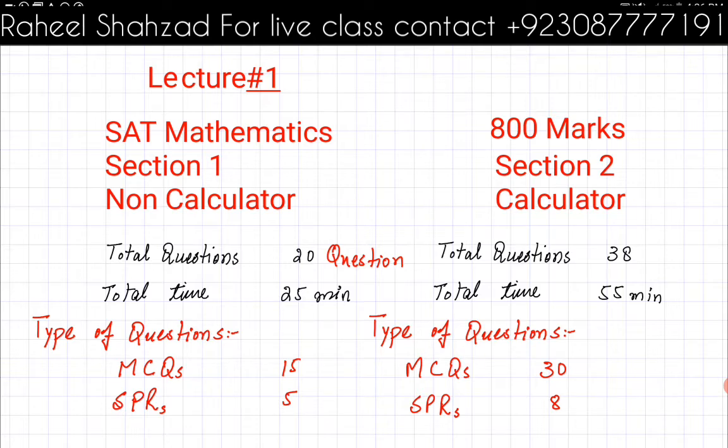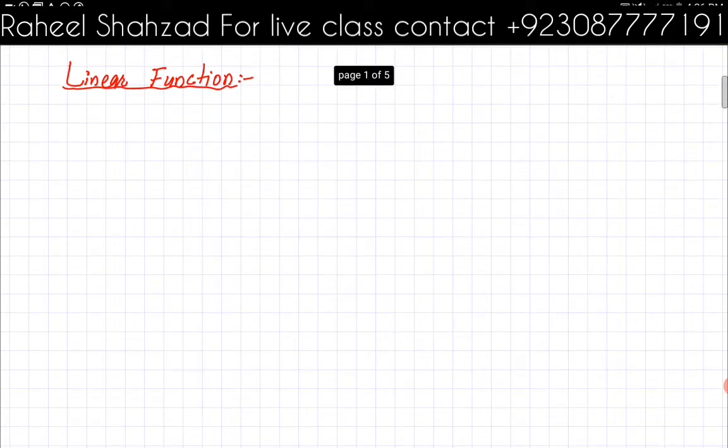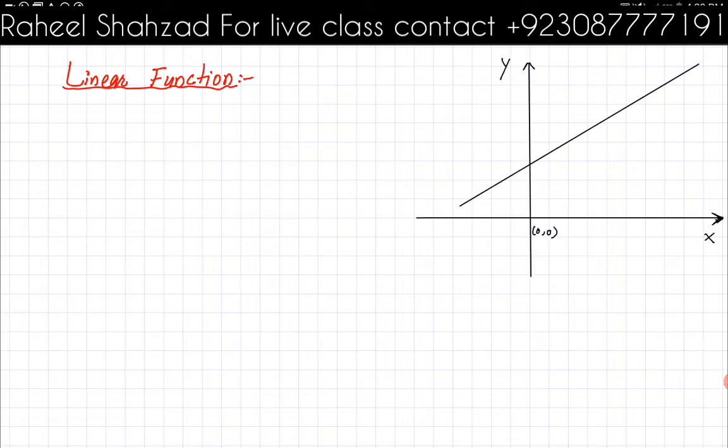Okay, so now let's move to the first topic that we are going to discuss here, that is the linear function. So our first topic in SAT is linear function.